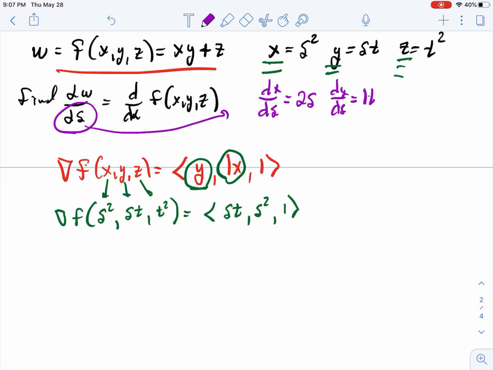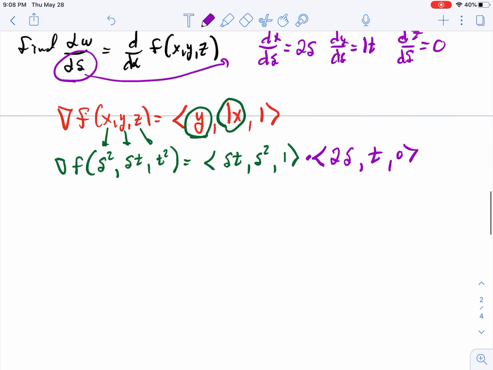What is dy ds? Well, that'd be just 1t. And dz ds, well, there's no s there, so what's the derivative of a constant? It is 0. So therefore, my vector would be 2s, t, 0.